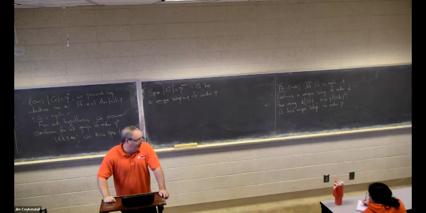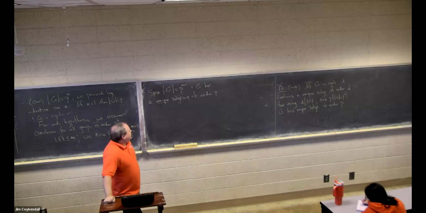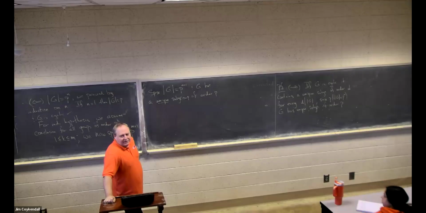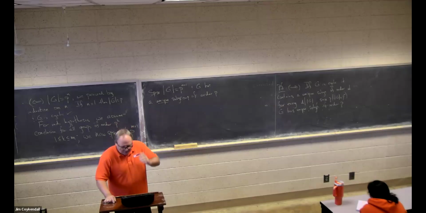By the way, just for fun, if it's got a unique subgroup of order p, how many elements of order p are there? p minus 1. There you go. Minus 1, yes, because one of them is the identity.